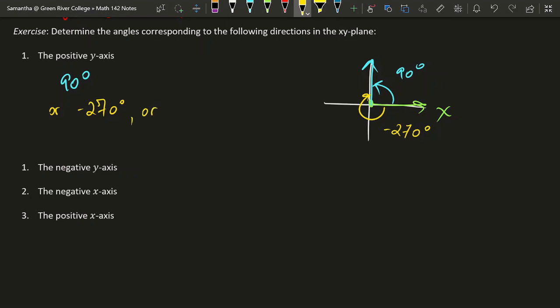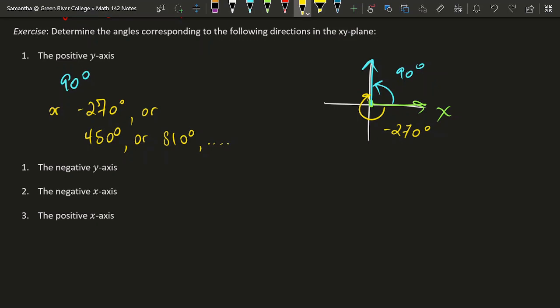Or I could go 90 degrees and then do a full 360 to get me back to the positive y-axis. So let's see, 90 degrees, if I spun around an additional 360, that would give me 450 degrees in total. There's nothing stopping me from doing 2 360s, for example, and so on.